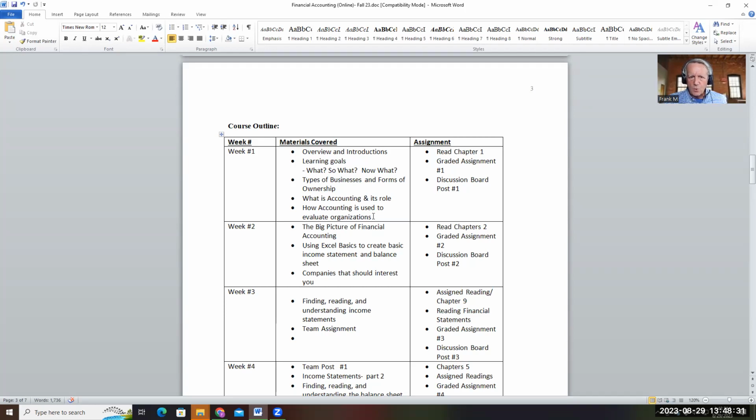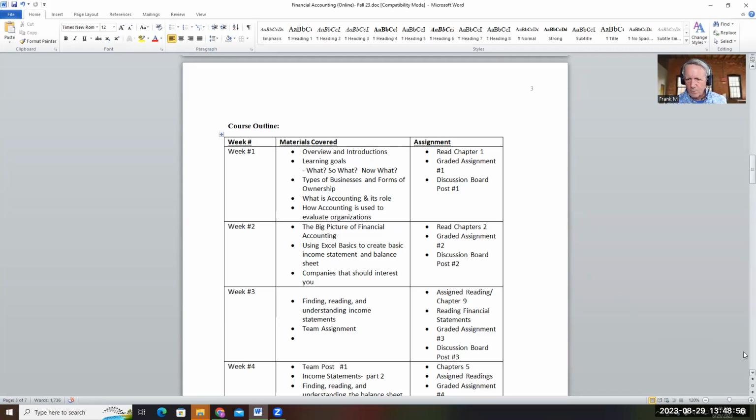And then in week 2, we'll get into some of the big pictures of financial accounting. So we're laying the foundation for the next assignment. In week 3, you'll be assigned to a group. I'll show you how to find, read, and understand an income statement, which is one of the 3 financial statements we're going to do.